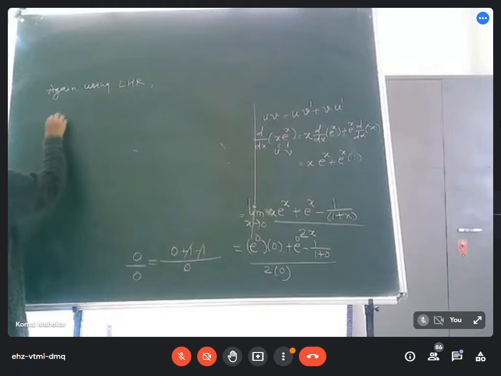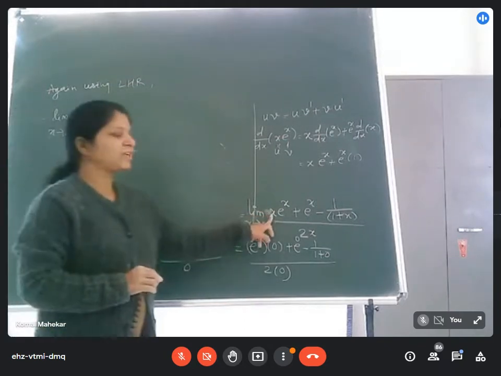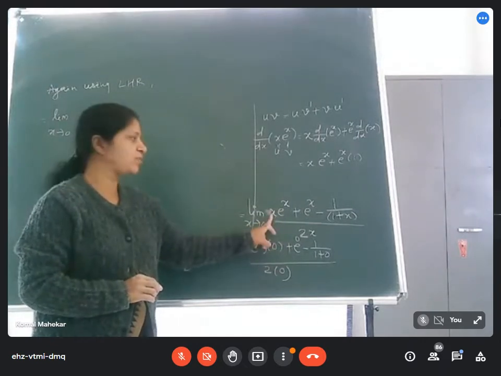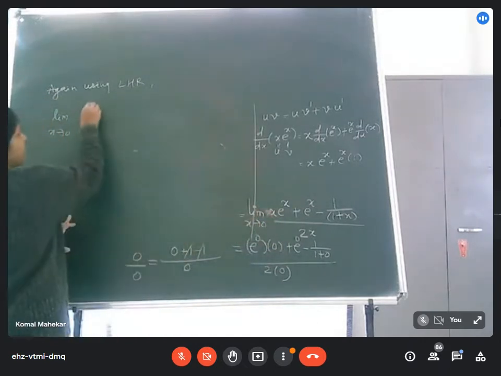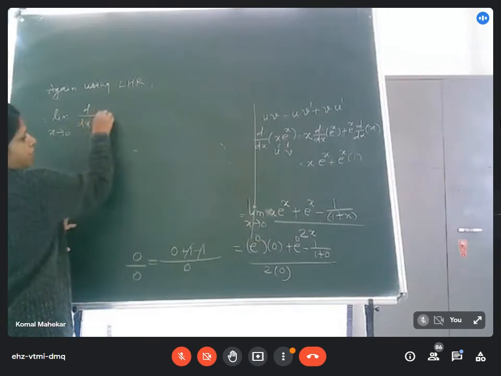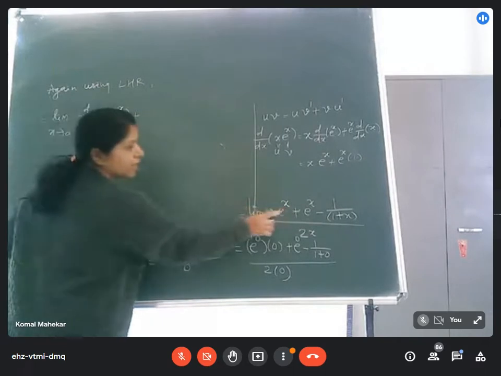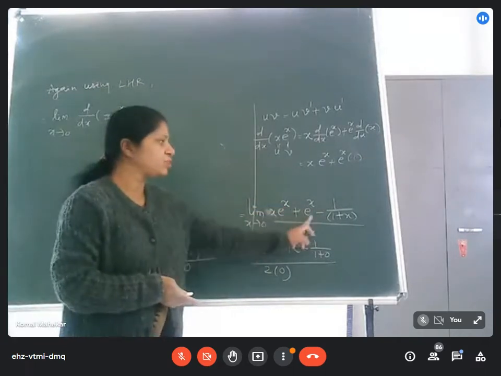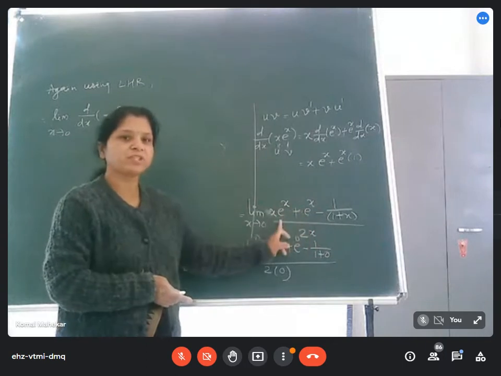So it is limit x tends to 0 of, differentiate this numerator function with respect to x, denominator function with respect to x. So what is d by dx of x into e raised to x plus, now there are 3 terms in numerator. So we will differentiate each and every term with respect to x.